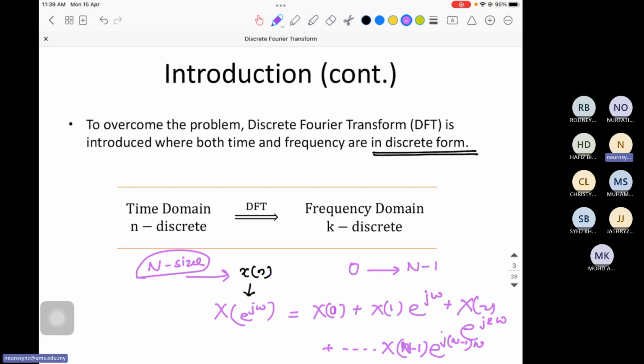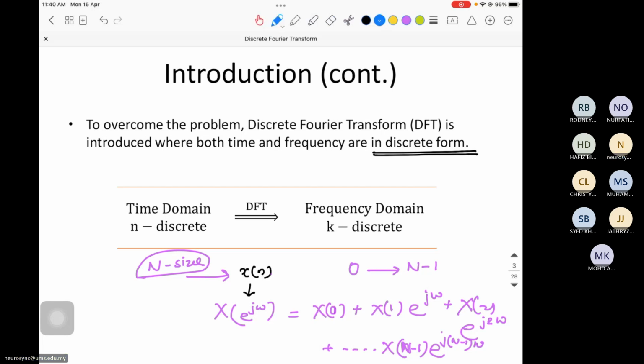With the DTFT we have converted this x of n to a capital X e to the power j omega. These are the sign conventions. Now if I want to discretize this into this many intervals, I can expand it like this, up to N minus 1 values.